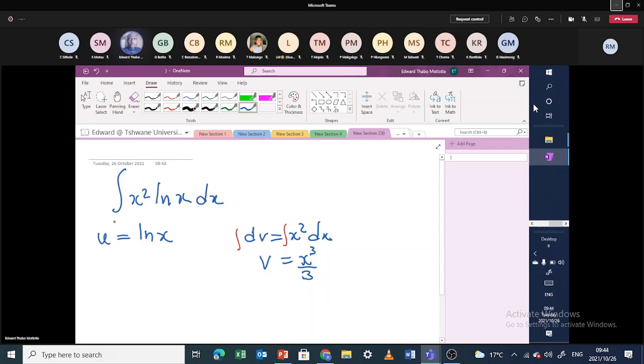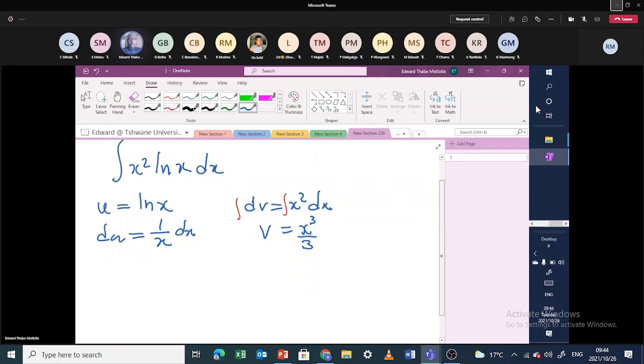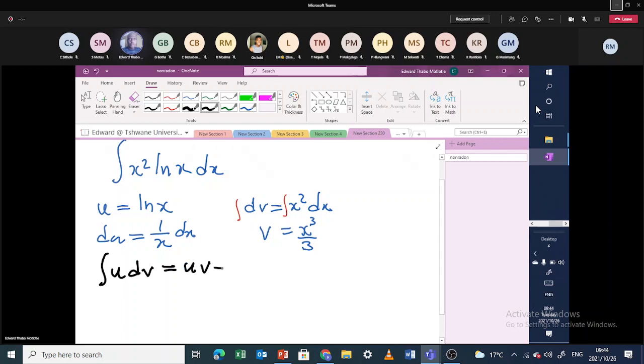Now this side we differentiate. du is equal to 1 over x dx. Okay, so that's what we have there. Now we write down our formula. Our formula is the integral of u dv is equal to uv minus the integral of v du.